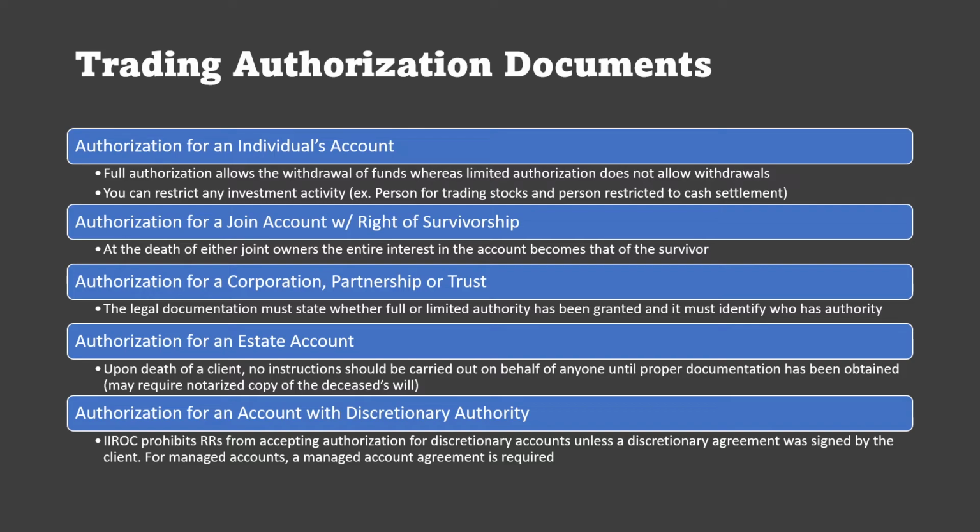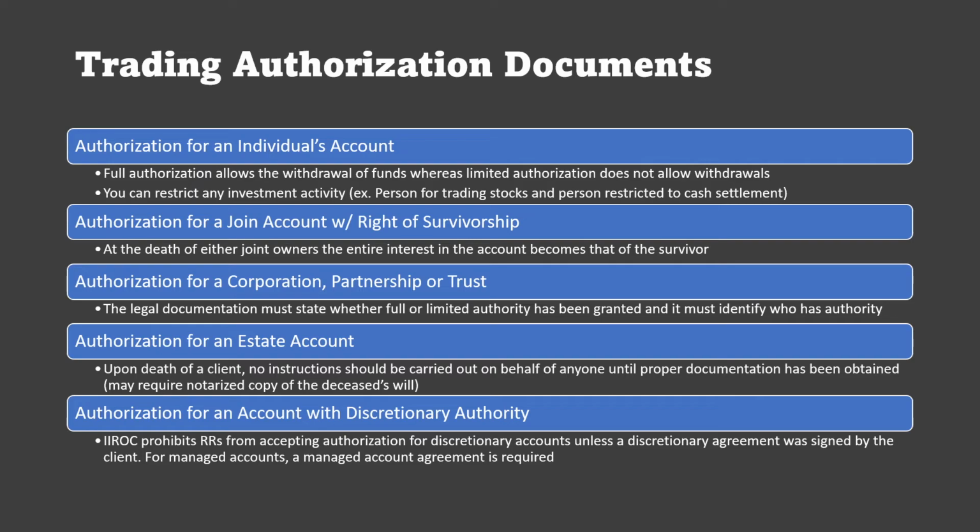The authorization for an estate account. So upon death of a client, no instructions should be carried out on behalf of anyone until proper documentation has been obtained, even if that person does have trading authorization on the account. So you may require a notarized copy of the deceased's will.